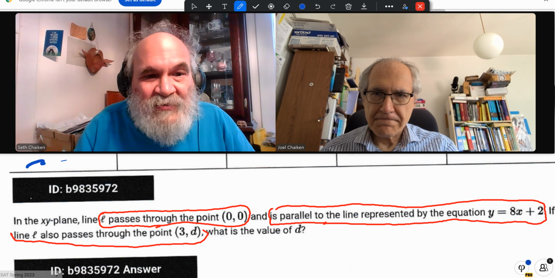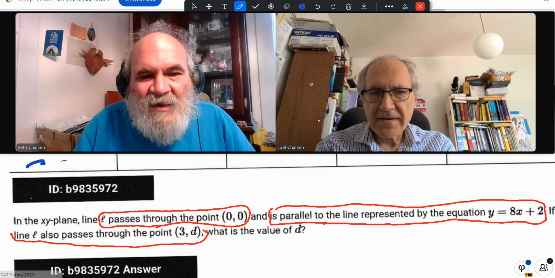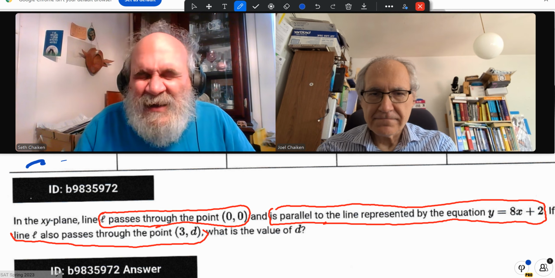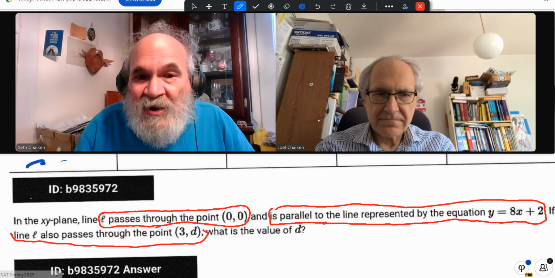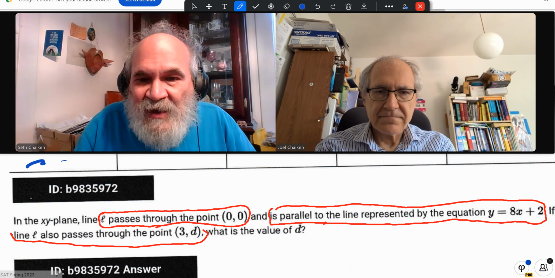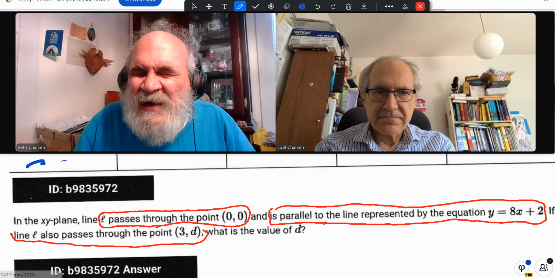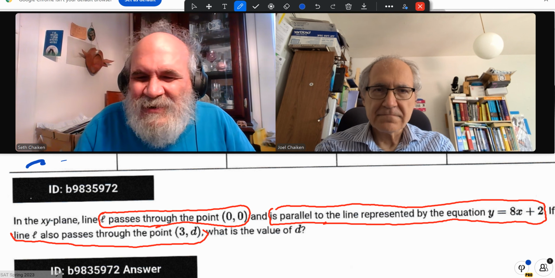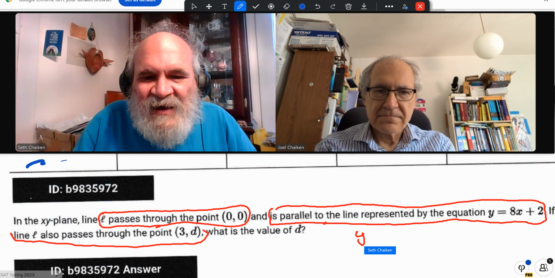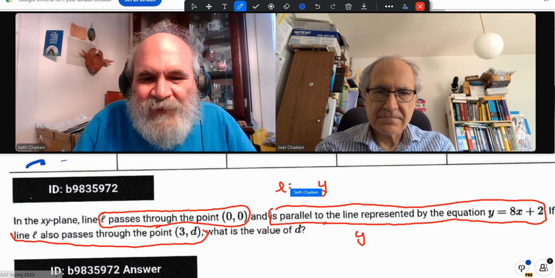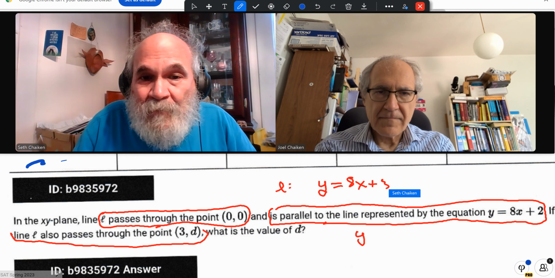Okay, so here's the deal. This line is parallel to the line represented by the equation y equals 8x plus 2. Therefore, line L also has a slope of 8. So the equation for line L is y equals 8x plus something.